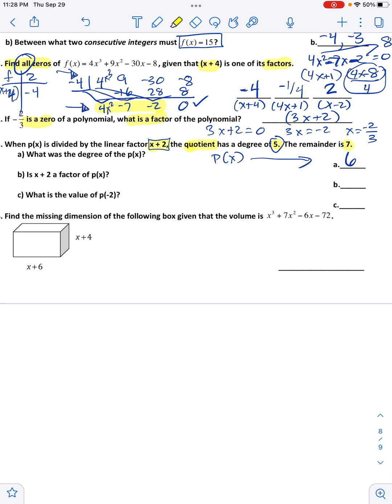This question, is x plus 2 a factor? Think about what that means. Factor means it went in evenly, and it means your remainder is 0. It says right here the remainder is 7. 7 is not 0. So that is a no. This is not a factor because the remainder equals 7, which does not equal 0.